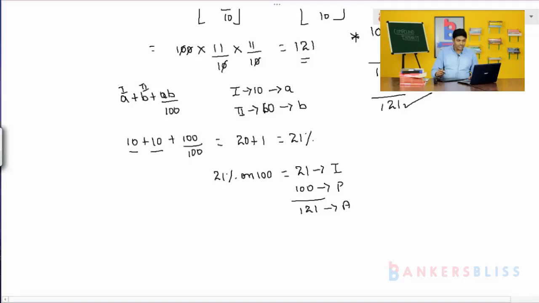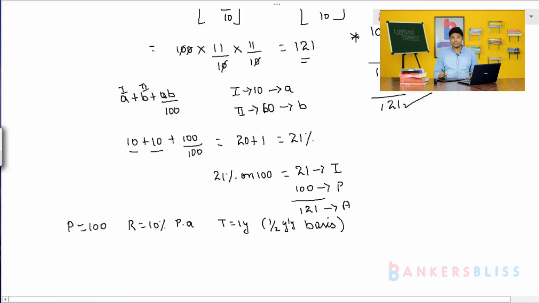See here, consider the principal amount as rupees 100, and the rate of interest is 10% per annum, and you have to calculate the compound interest for 1 year, on a half yearly basis.